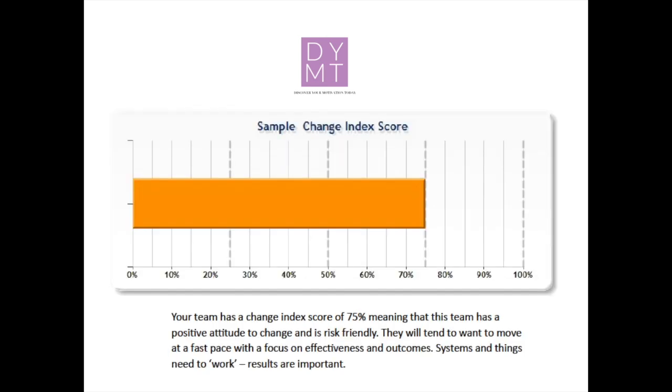So bearing that in mind, it gives you a change index score, and this is based on the mix of motivators. You saw that we were very much in the growth area, and so it's given us a score of 75%, which means that we have a positive attitude to change and is risk friendly.